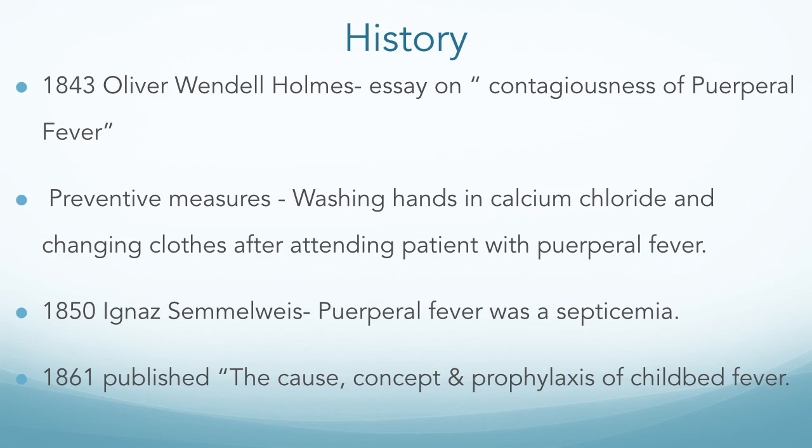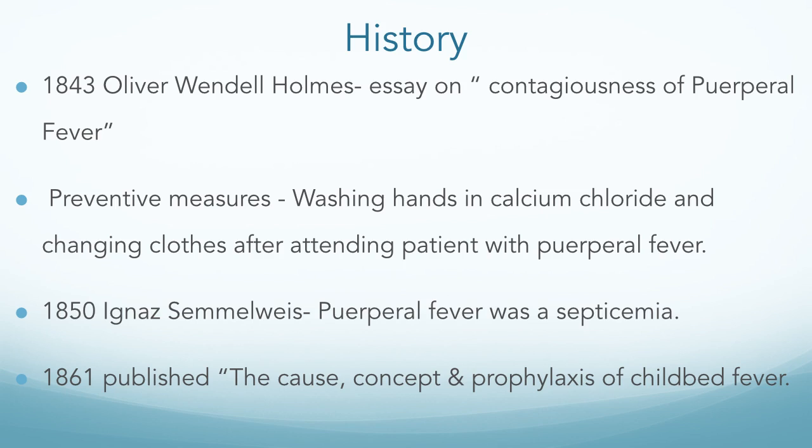In 1850, Ignaz Semmelweis, a Hungarian physician who was an assistant in the first obstetric ward of Vienna Hospital, where the puerperal fever rate was exceedingly high, observed that students came to this ward directly from the dissecting room without washing their hands.